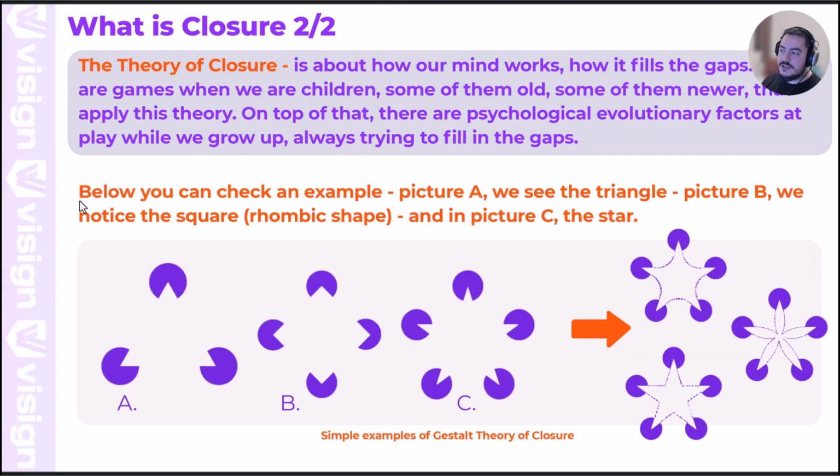The theory of closure is about how our mind works, how it fills the gaps. There are games we play as children, some of them old, some of them newer, that apply this theory. On top of that, there are psychological evolutionary factors at play while we grow up, always trying to fill in the gaps. Below here, we have a very simple example. We go from picture A, the first one here, where we see the triangle, to picture B, where we notice the square or rhombic shape, and picture C, the star.